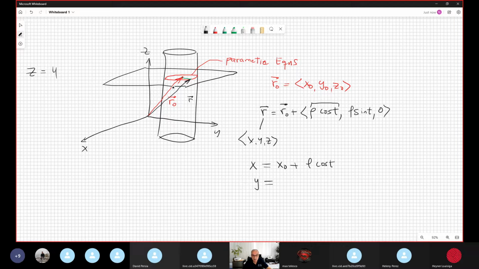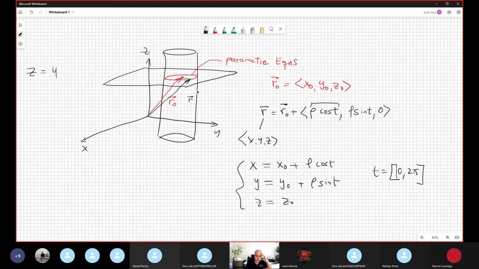Y es Y null plus rho sine t. And C has no component here, 0 is 0. Wow, fantastic. This is the set of the parametric, and t, of course, varies from 0 to pi. And you describe the circle.